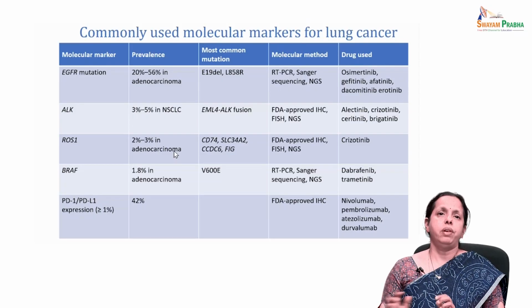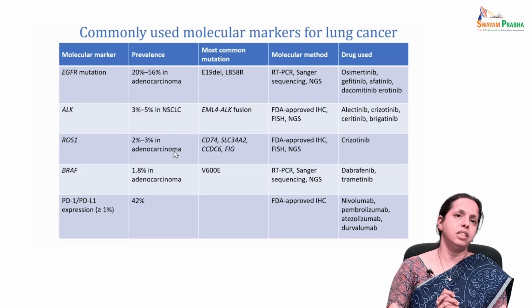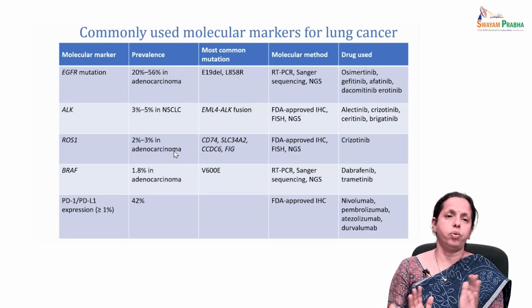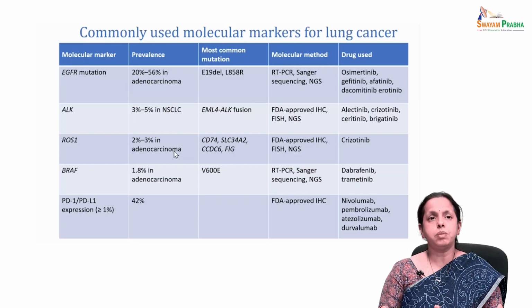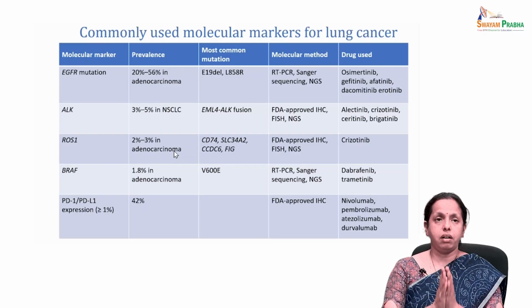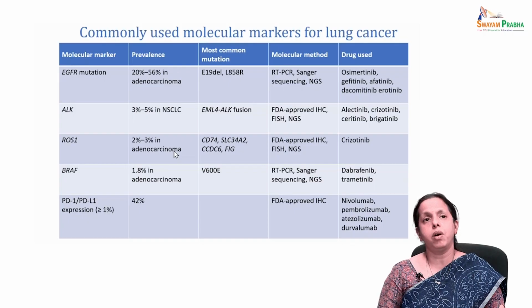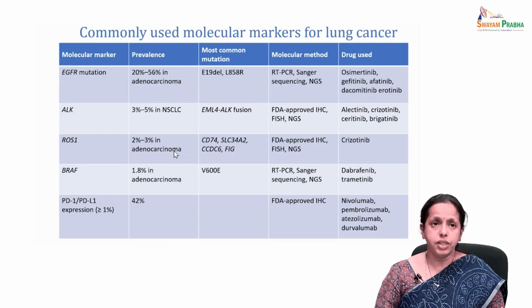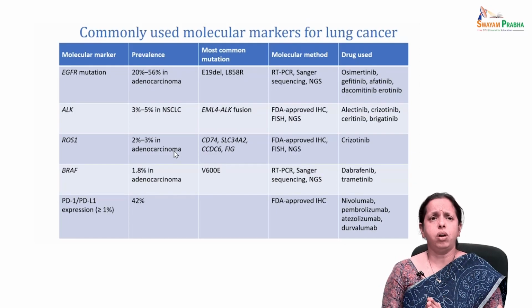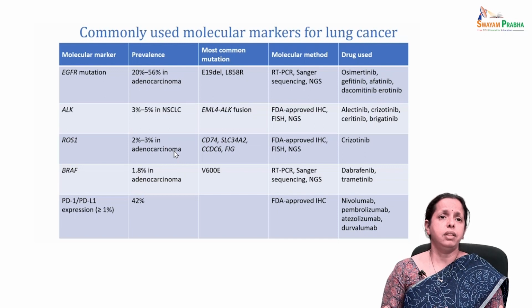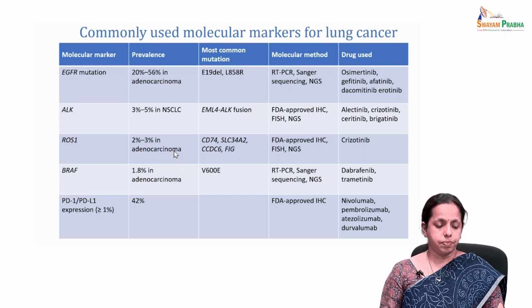Now coming back to our slide for lung cancer, which we've been talking about all throughout. In all our hospitals, we go for these molecular markers. You go for the EGFR panels, you have the ALK panels, and not all hospitals have BRAF, and not all scenarios go for PD-1 and PD-L1 expression.